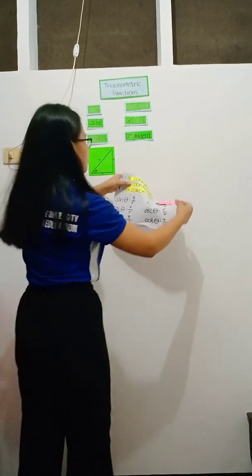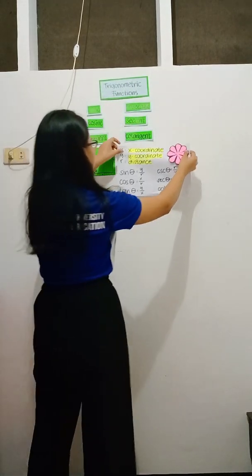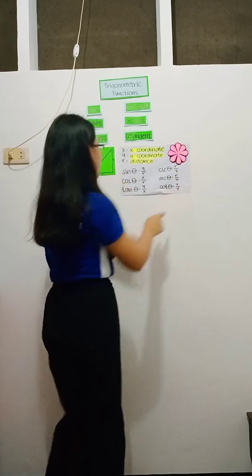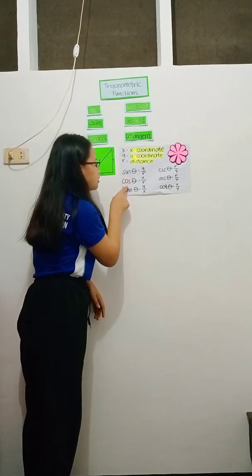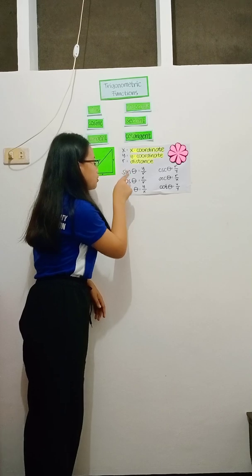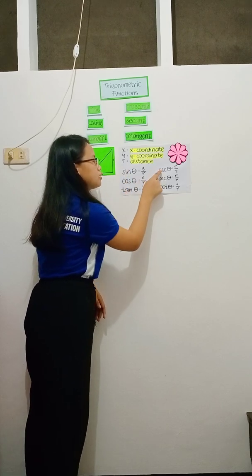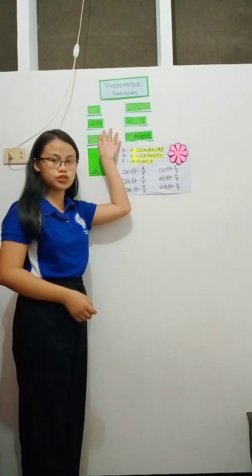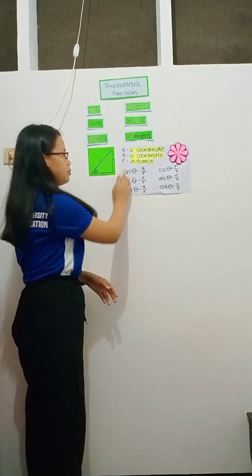We have the formula. Let me show you. These are the formulas. Sine, cosine, tan, CSC, sec, and cot are the abbreviations of these 6 functions. Understandable, right?